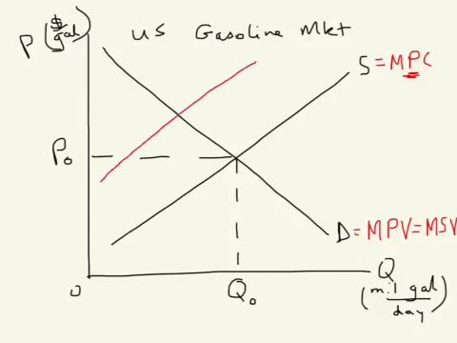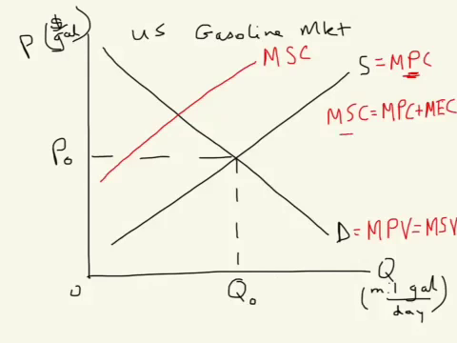Well, when there are external costs, the marginal social cost function that includes both private and external costs, that marginal social cost is higher than the marginal private cost.